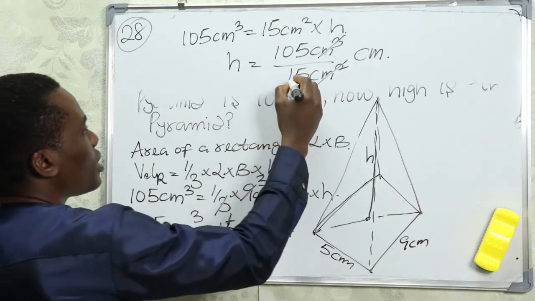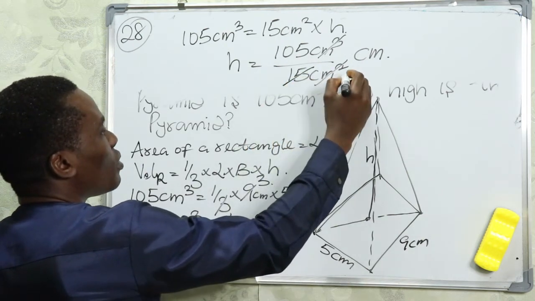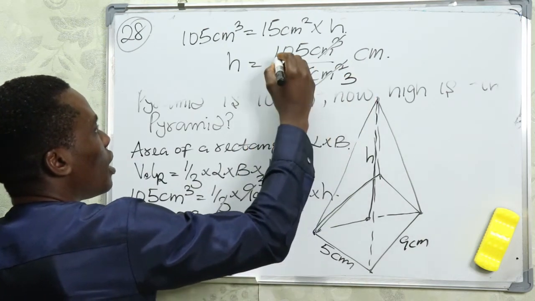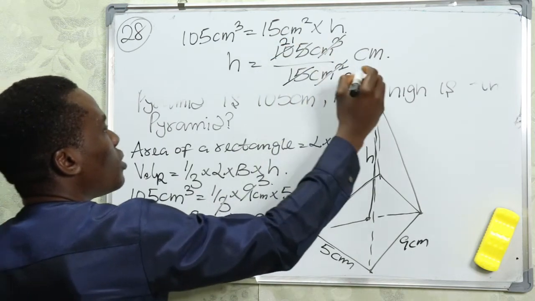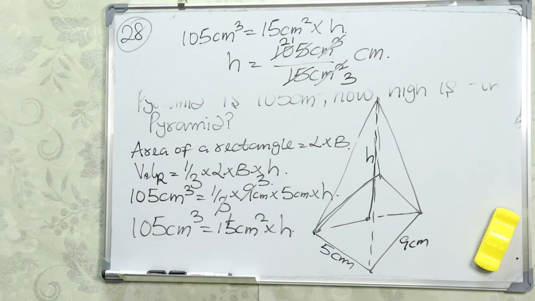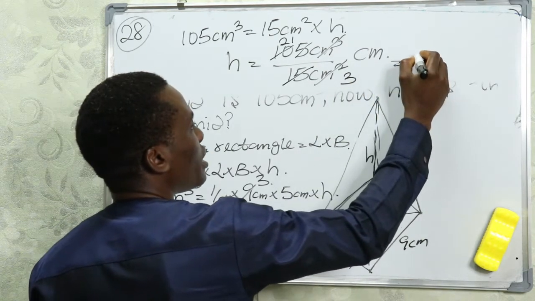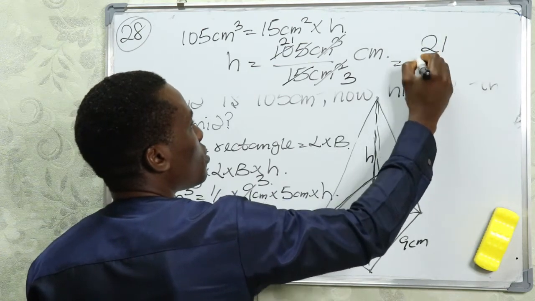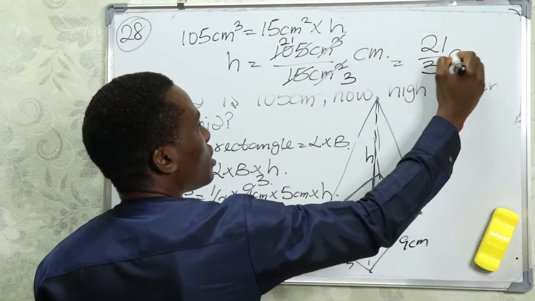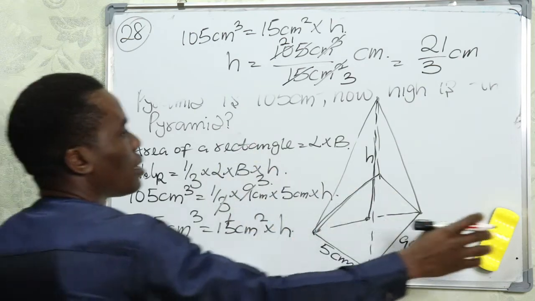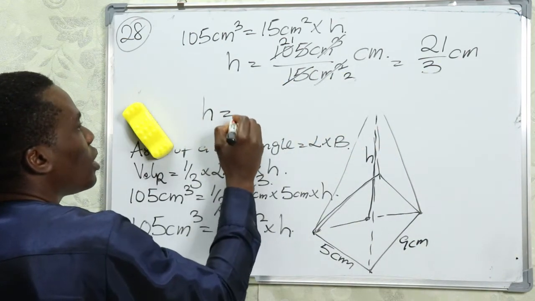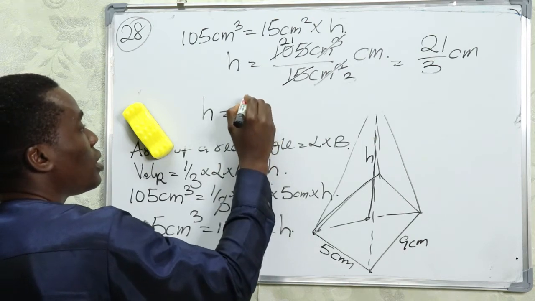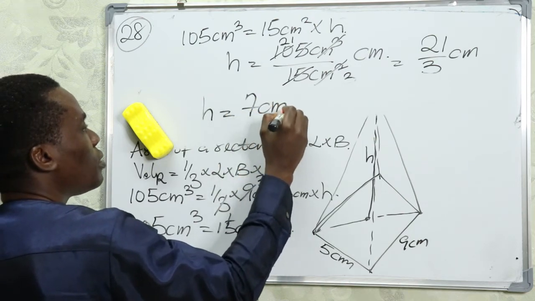When we have 15, 5 here will give us 3, and 5 here will give us 21. So 21 divided by 3 centimeters. So our height will be equal to 21 divided by 3, which will give us 7 centimeters.